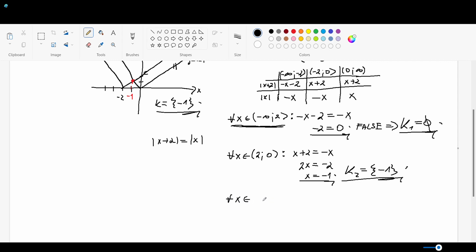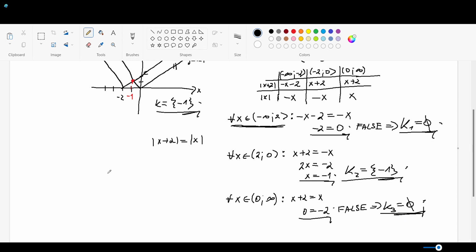And the last step you take is x from 0 to infinity, which means you again take the last two cells from the last column, and it will be x plus 2 is equal to x, which again means you come to the equation 0 is equal to negative 2. This is again a false statement, and it means that K3 is again equal to the empty set.